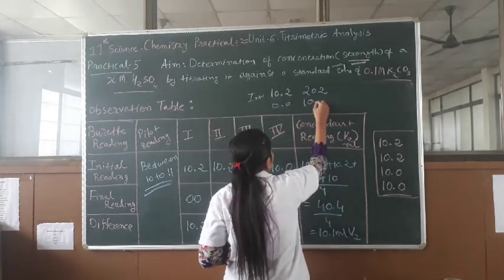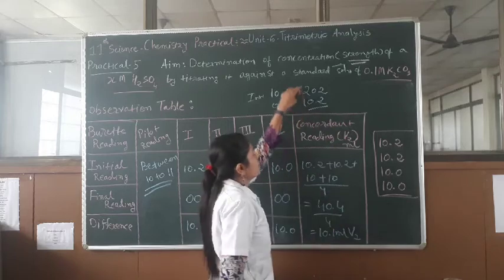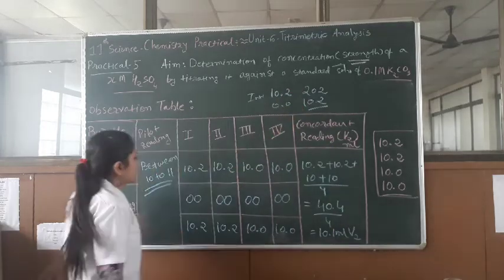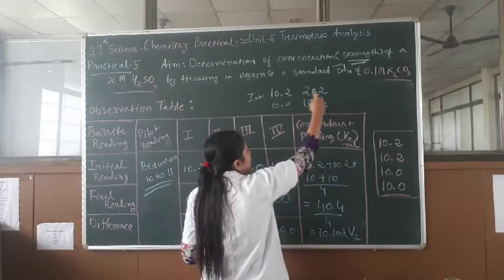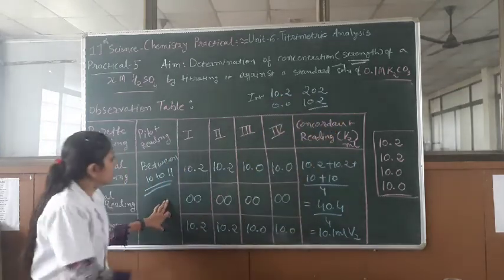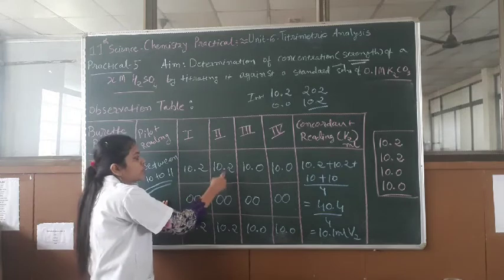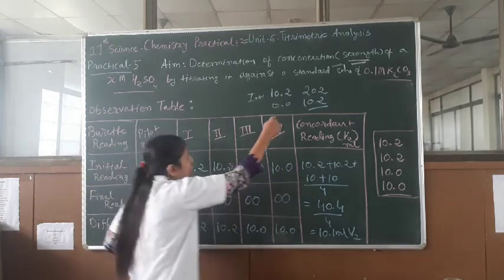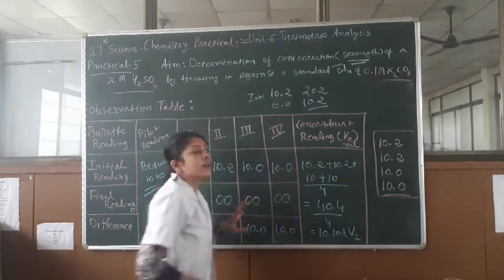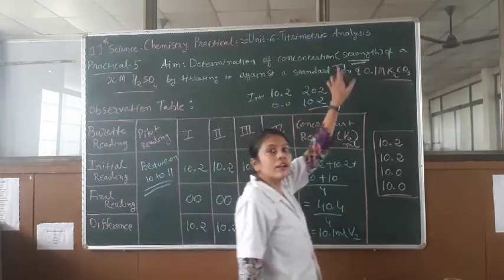That's why we write our first reading here. What is the difference? Initial reading is 10.2, 20.2. Here the final reading is 10.2, 10.2, 10.2. The series was 10, 20, 30 and 40.